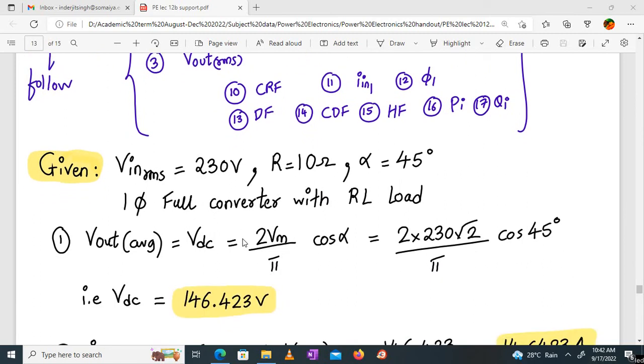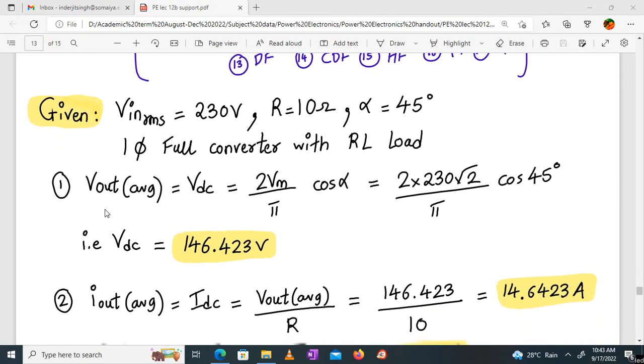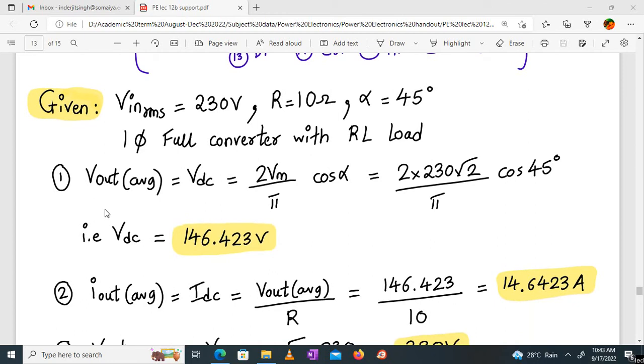Now this is the given data. V in RMS is 230 volt, R is 10 ohms, alpha, the firing angle, is 45 degrees, and we are dealing with a single phase full converter with RL load. For this converter, the average value of the output is given by V out average equal to VDC, which is equal to 2 Vm by pi cos alpha.